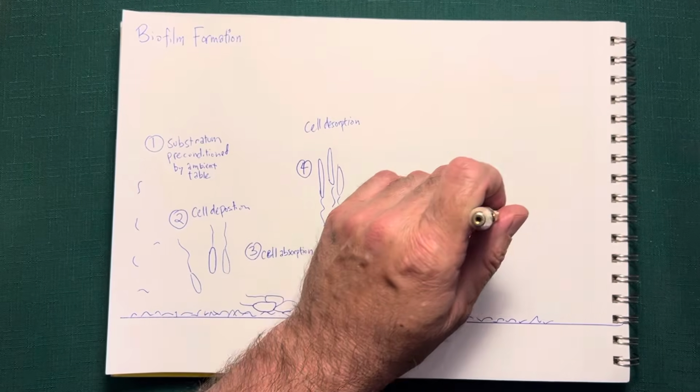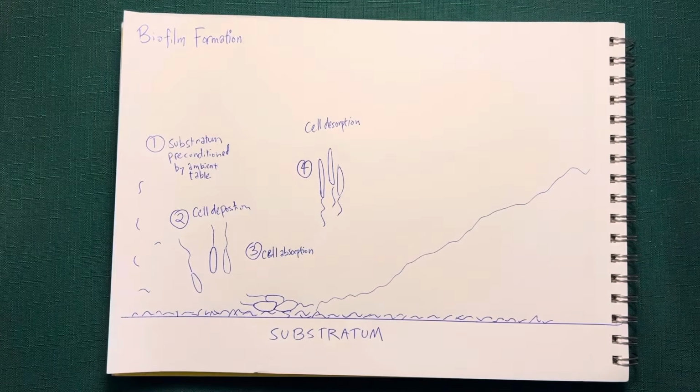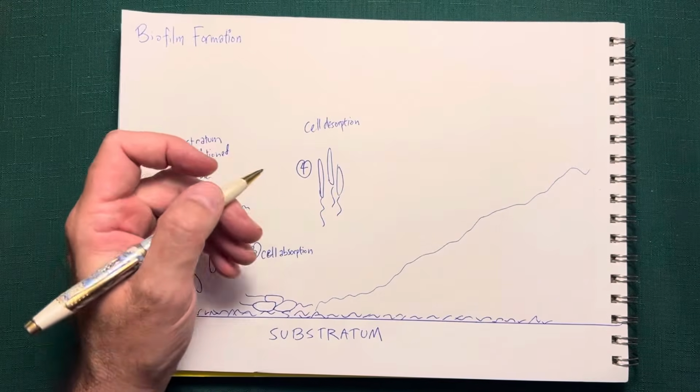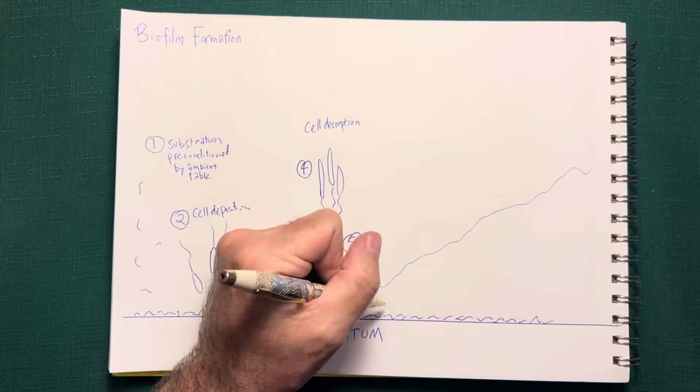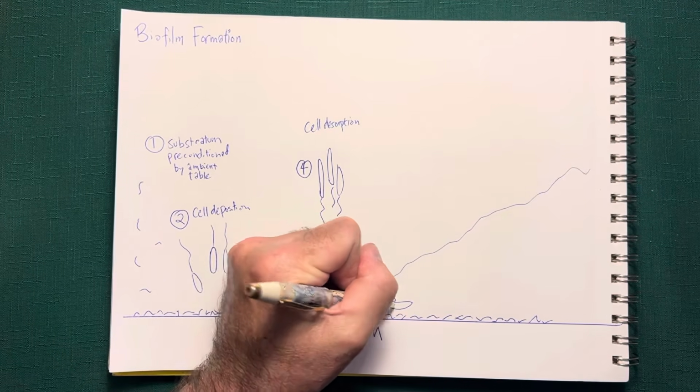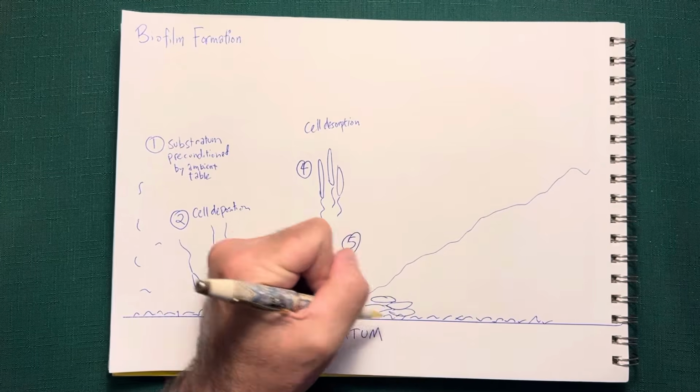And we're gonna start to build up some stuff over here. Because of step 5, what happens next is we've got our nice little dog pile of cells here.